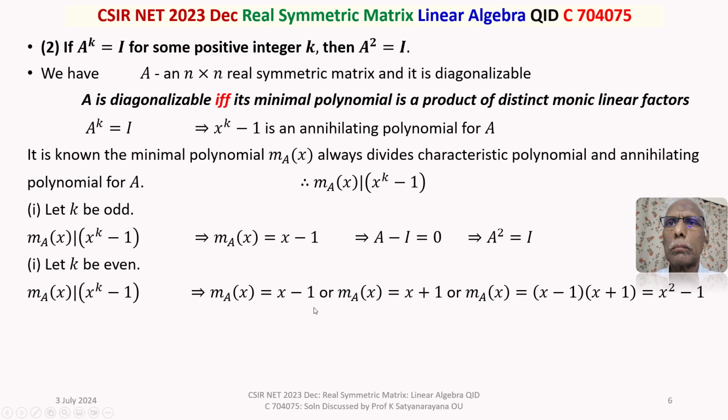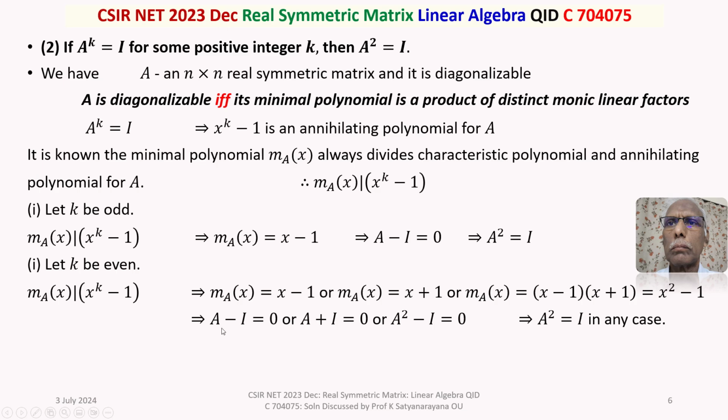So, it may be this x minus 1 or x plus 1, or x minus 1 into x plus 1, that is x square minus 1. So, A satisfies these polynomials, therefore A minus I is equal to 0, or A plus I is equal to 0, or A square minus I is equal to 0.